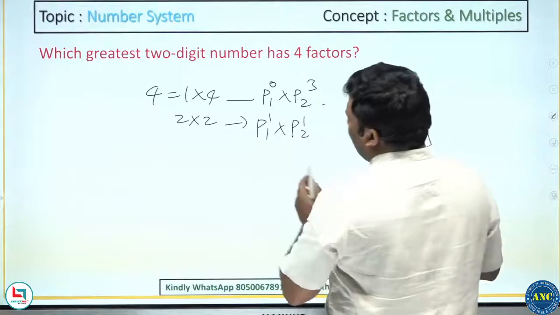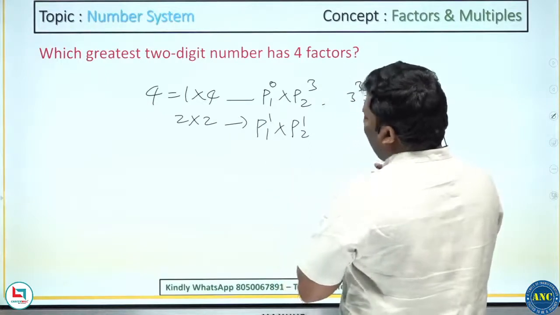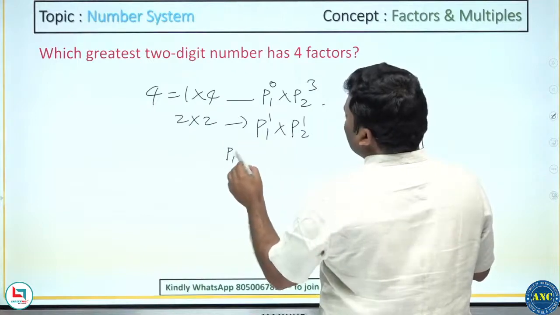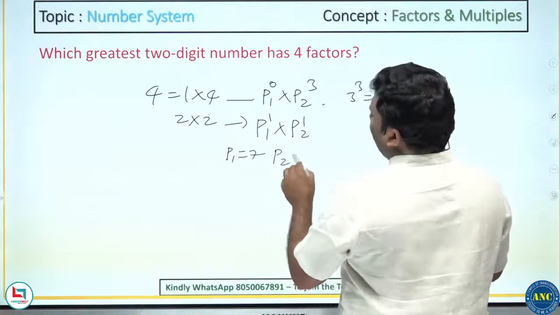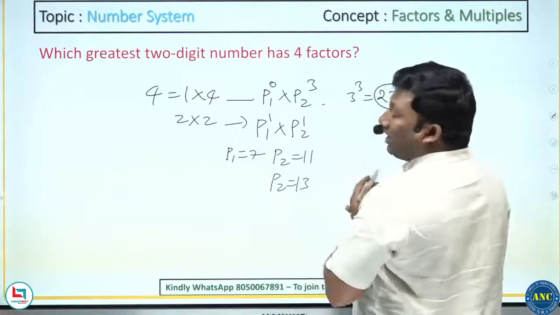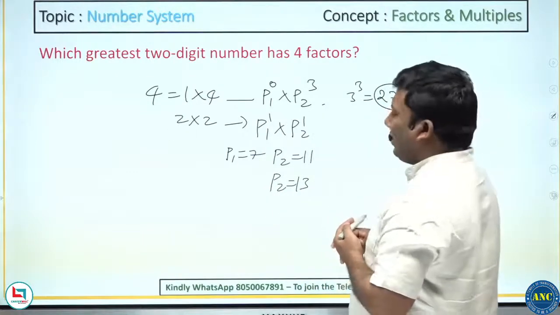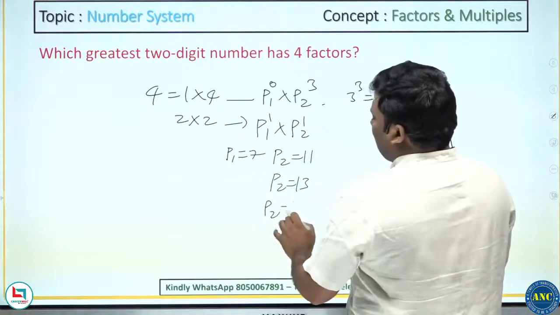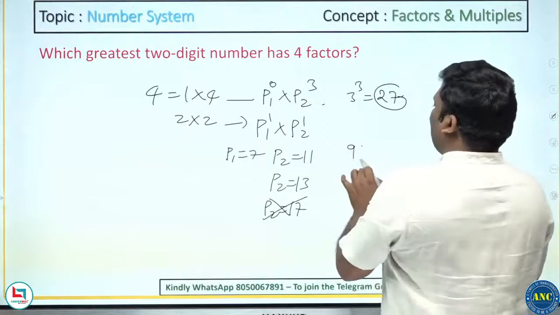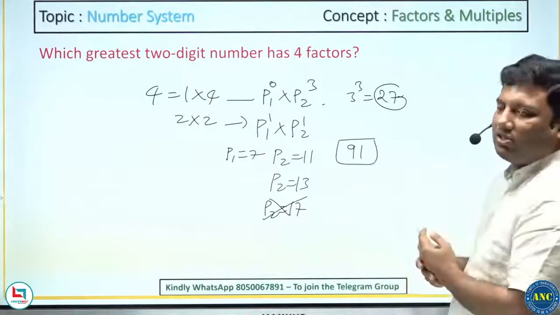Greatest I require, so we will keep the maximum. If I keep P1 as 7, P2 as 11, 7 11s are 77. P2 as 13, 7 13s are 91. P2 as 17, 7 17 is not possible. 7 into 13, answer is 91.